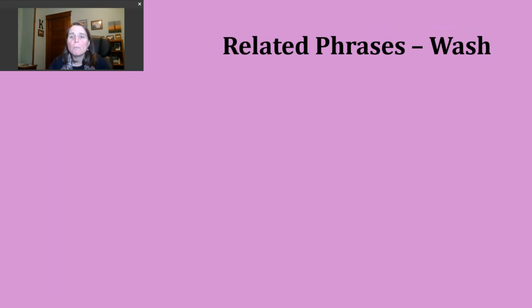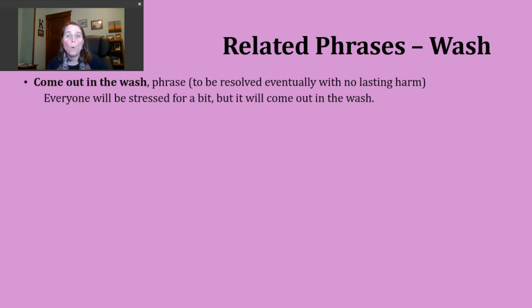Now, let's spend a moment talking about some phrases with our verb of the day, wash. The first one you may encounter is the phrase to come out in the wash. What it really means is something is going to be resolved eventually, and there won't be any lasting harm or sort of permanent negative effects.